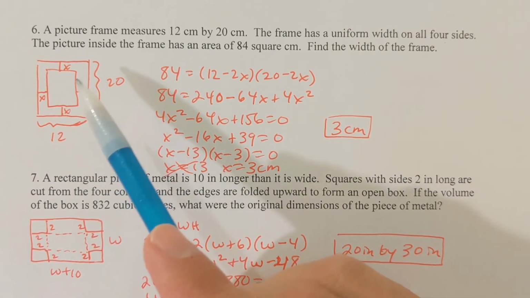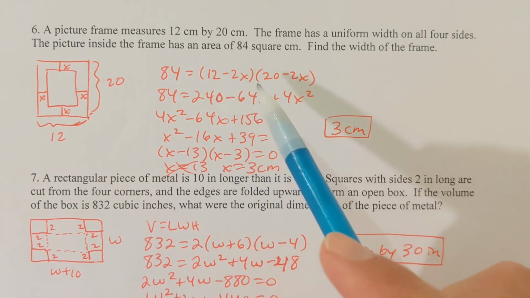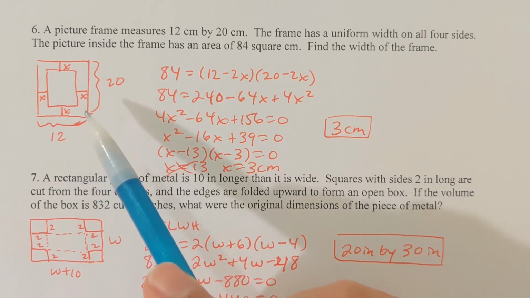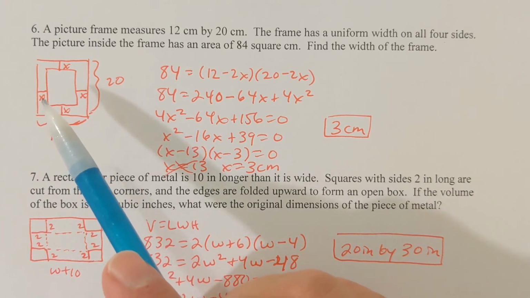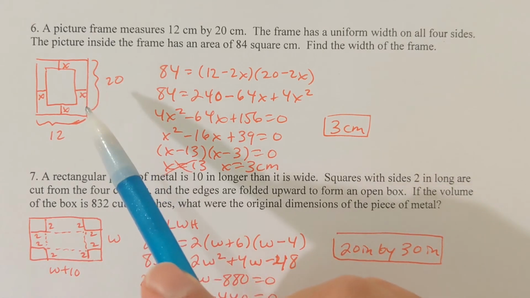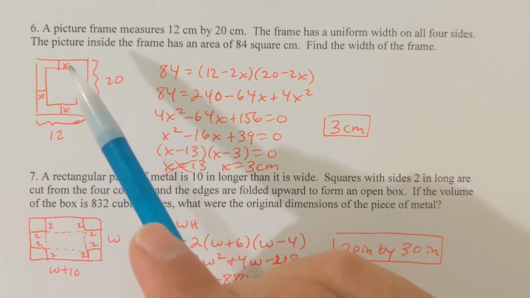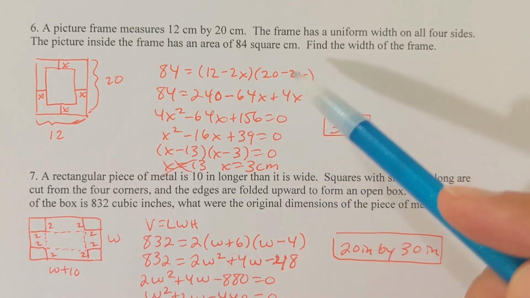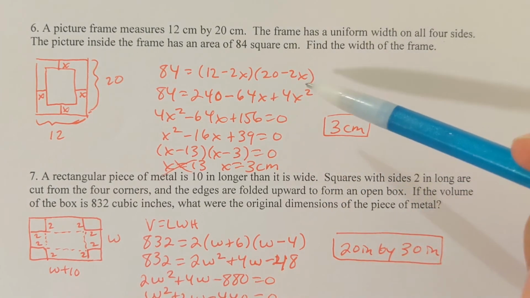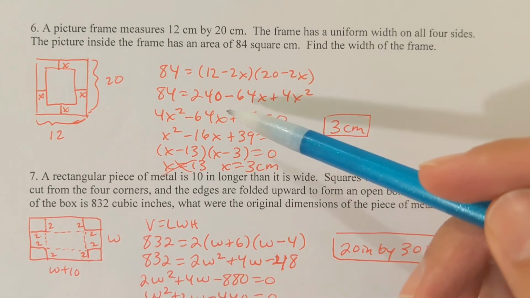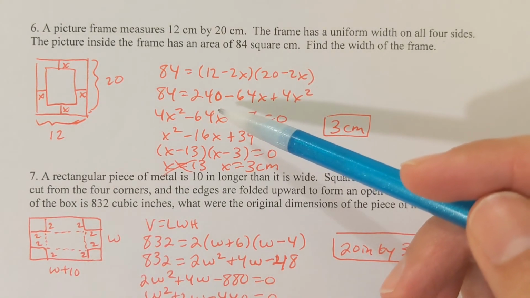Okay, so I've got 84 equals length times width. The length would be 12 minus x minus x, 12 minus 2x. And then the width is 20 minus x minus x, 20 minus 2x. Okay, and that'd be the setup equation that I'd want there. 12 times 20 gives me 240.